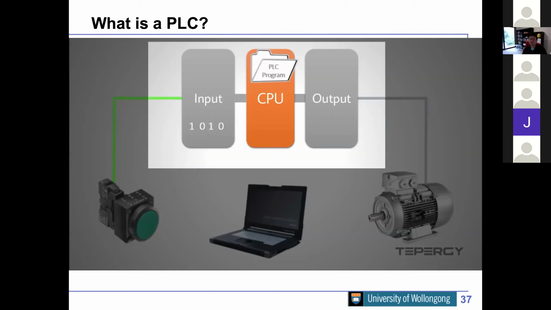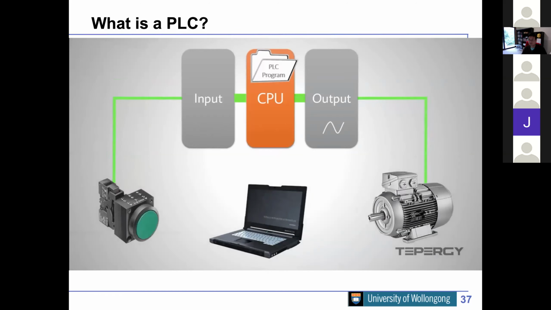Why? Because the CPU is a computer system and cannot process the raw electrical signal. The CPU will process the data received and send the result to the output. The output turns the data to a raw electrical signal again and applies that to the motor and turns it on. Now, if we press the button again, the process repeats and the motor will turn off.